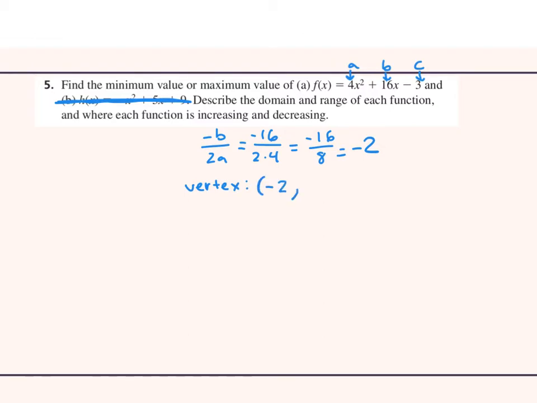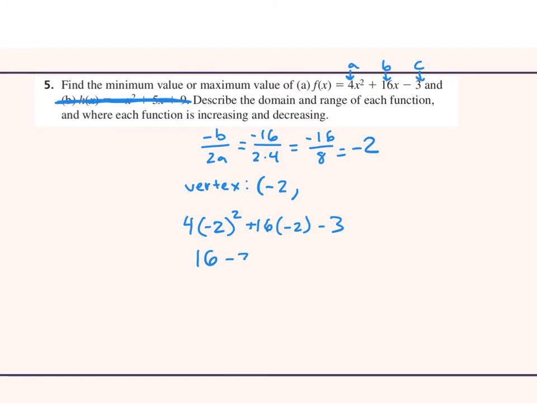How do we find our y value? Plug in. So we have 4 times negative 2 squared plus 16 times negative 2 minus 3. 4 times negative 2 squared would be, no, this would be 16.